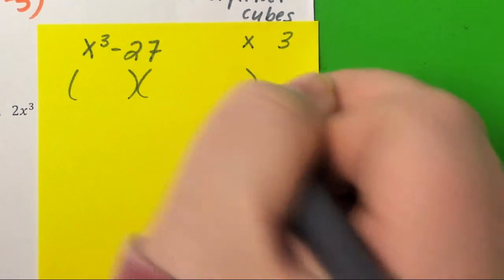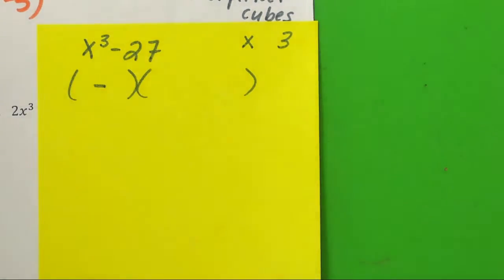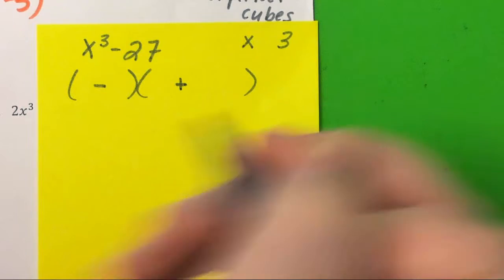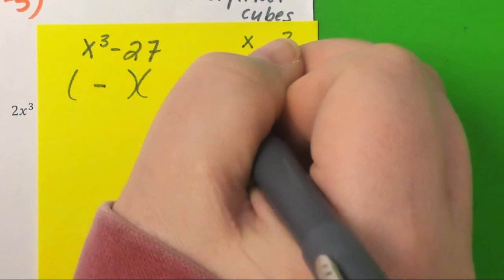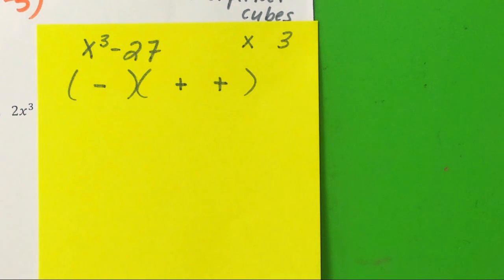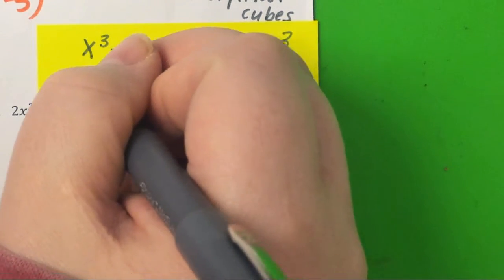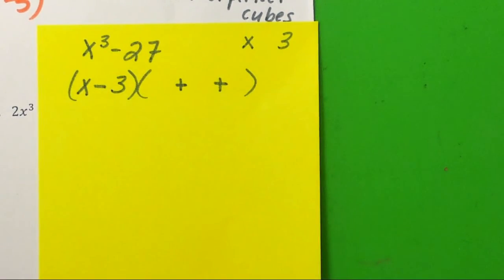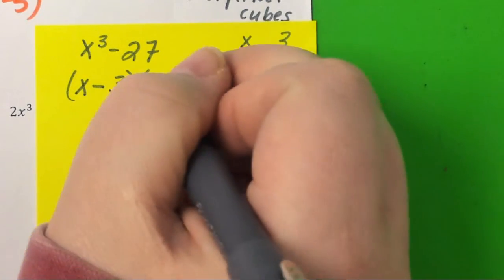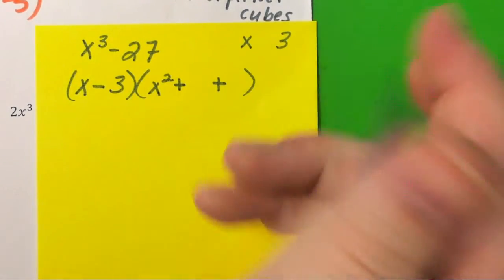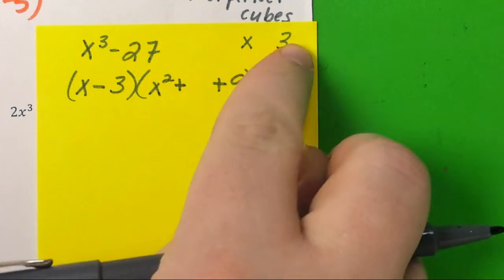Okay, and thanks to that SOAP acronym, same sign, so it's going to be a minus. Opposite sign, so it's going to be a plus next. And then always positive for that last term. Okay? And then to fill in the blanks, it's going to be an x and a 3. X squared, 3 squared, x times 3.